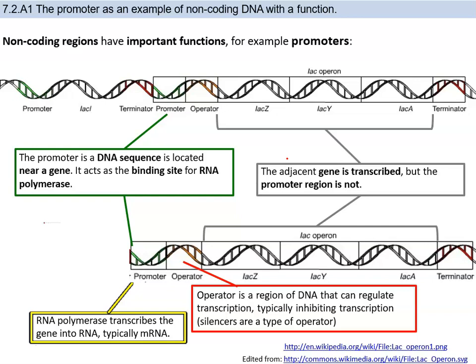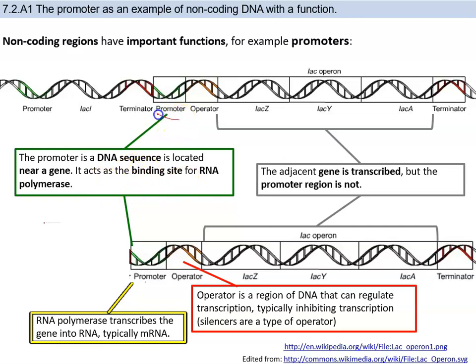But one of the most important non-coding regions in the DNA, which is not translated but has a very important function that we didn't mention at that slide, and beyond that too, is promoter.